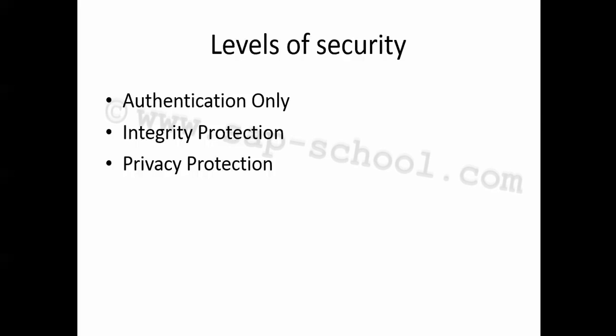And when using privacy protection, the system encrypts the messages being transferred to make anything eavesdropped useless. But privacy protection also includes the integrity protection of the data. This is the maximum level of protection provided by SNC. So basically, in authentication only we don't have any data protection, in integrity protection we have data protection as well, and privacy protection is the maximum level of security which we have in SNC.